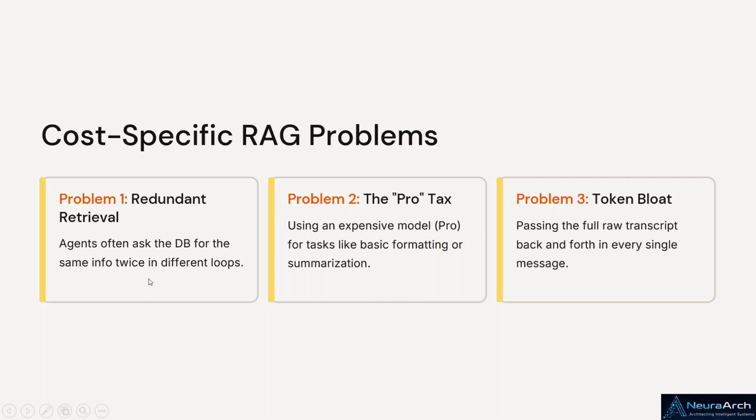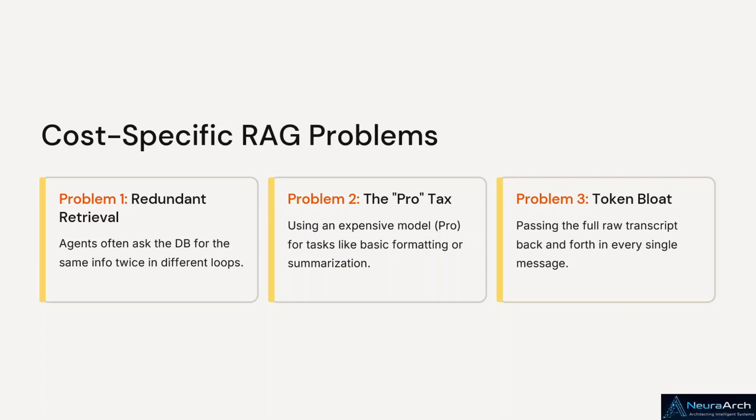Redundant retrieval means if the agent asks for something from a DB and it again asks for the same thing, it will loop through the entire procedure. That's the redundant retrieval, because the LLM is controlling that, and you don't have control as such. Then the pro tax. You have different agents or LLMs used at different nodes, for a critic, for a researcher, for an analyst.